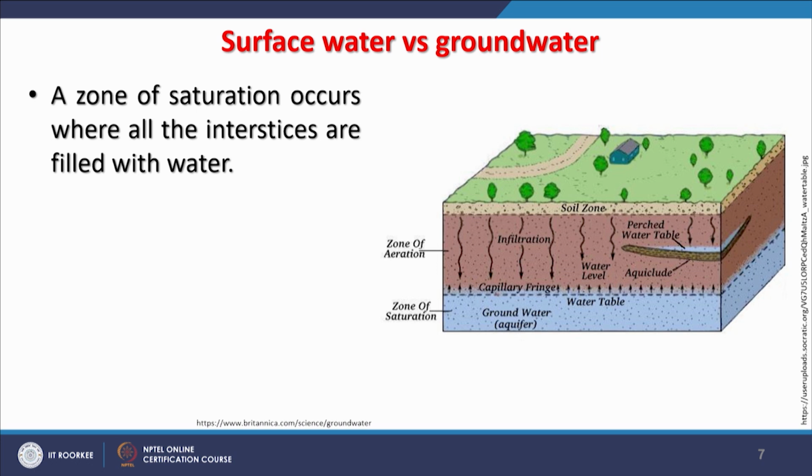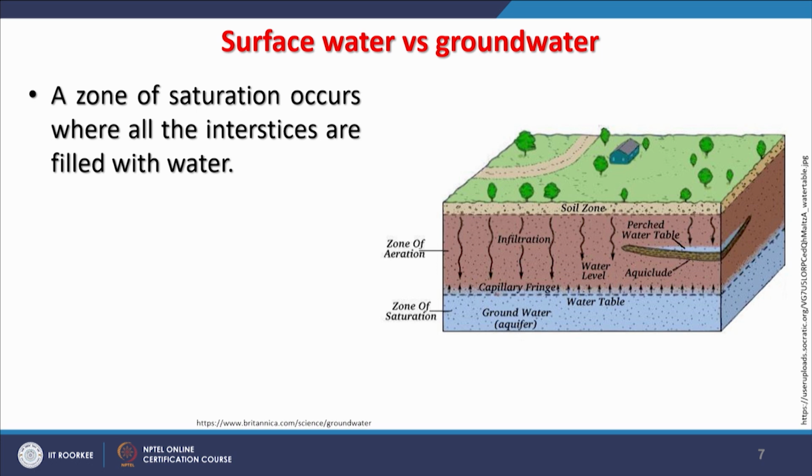So, these are two terms sometimes people use, as I have mentioned, interchangeably, but it is not correct to use them like that. Water table means that when measurements are done through, say, an open well or some other means to know the level of water in subsurface condition, we lower a tape and measure the depth.